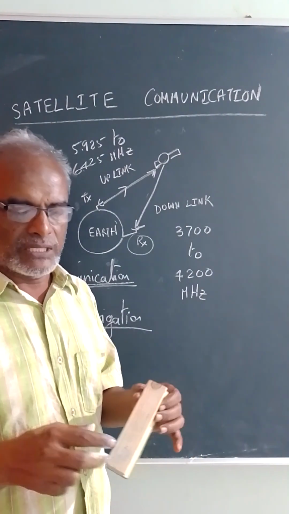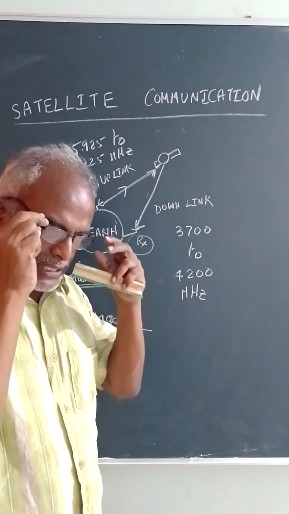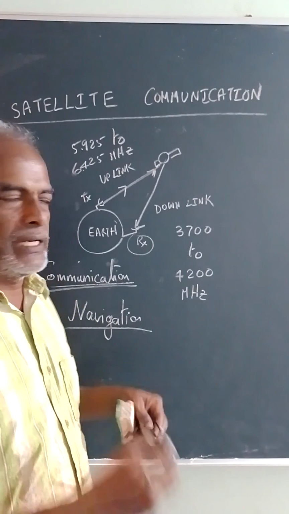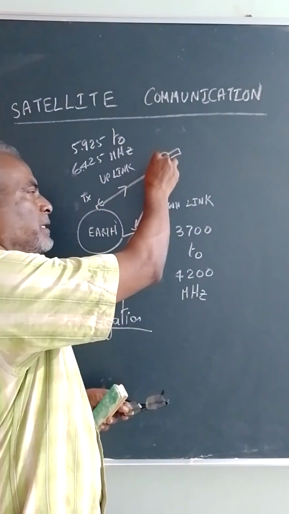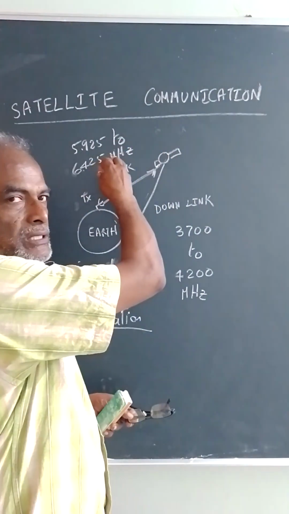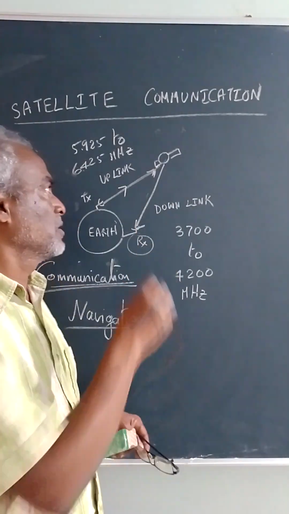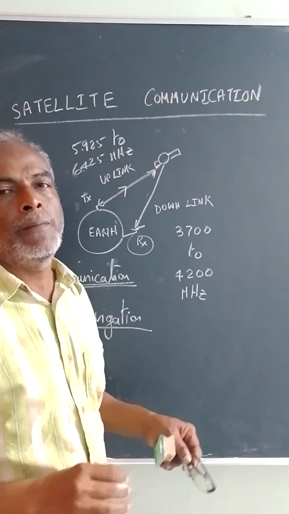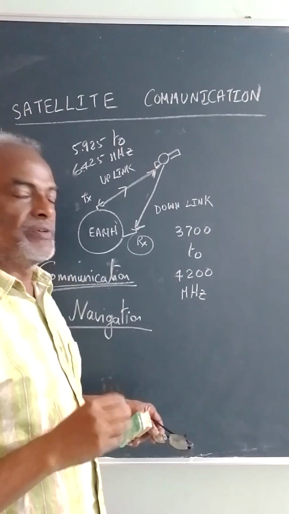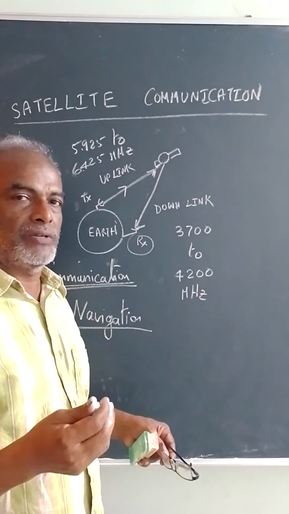Whatever may be the name of the satellites, the functionality is going to be the same. What is the functionality? The signals are uplinked with the higher frequency and downlinked with lower frequency. I told you why it is like that, because if the frequency increases, attenuation increases.